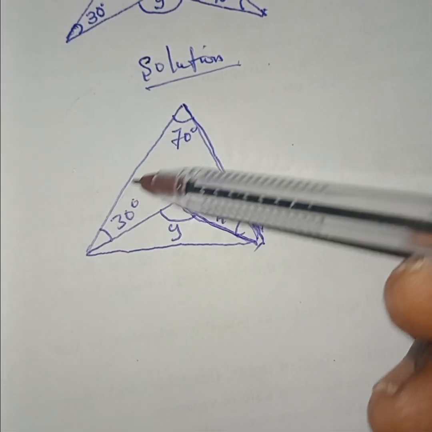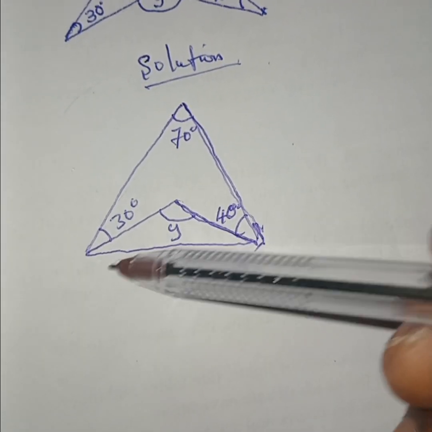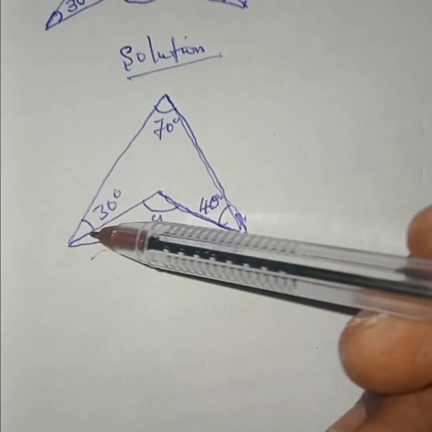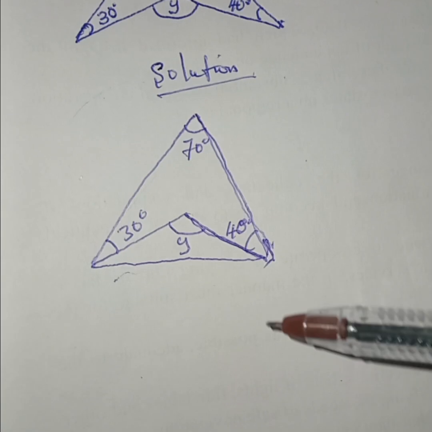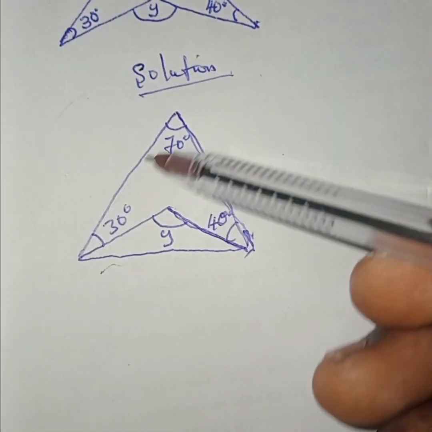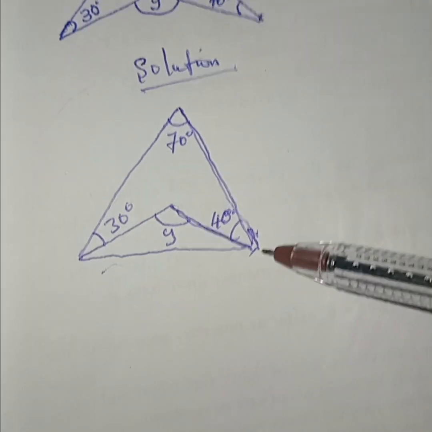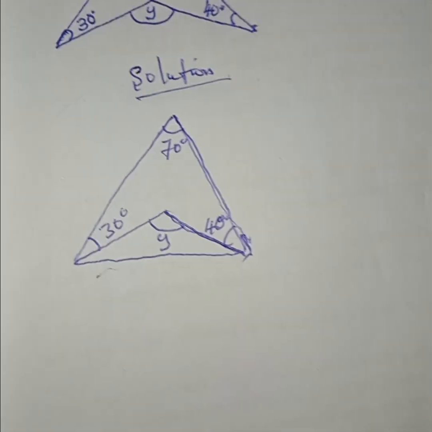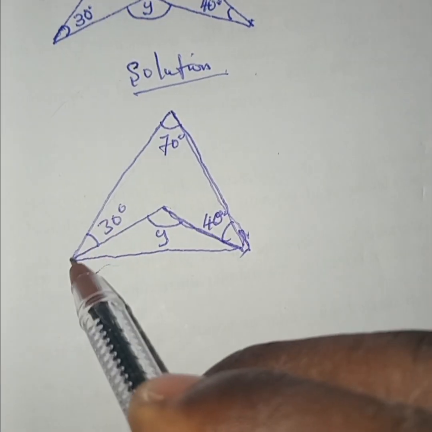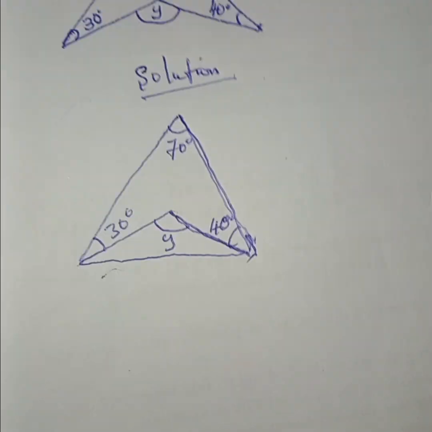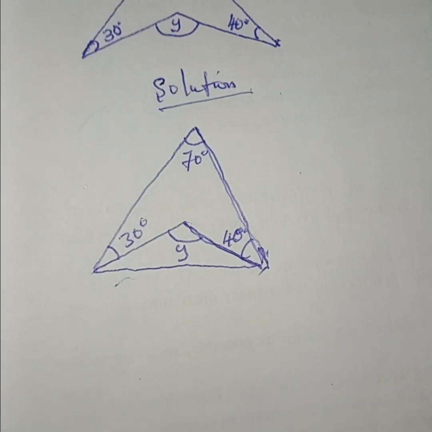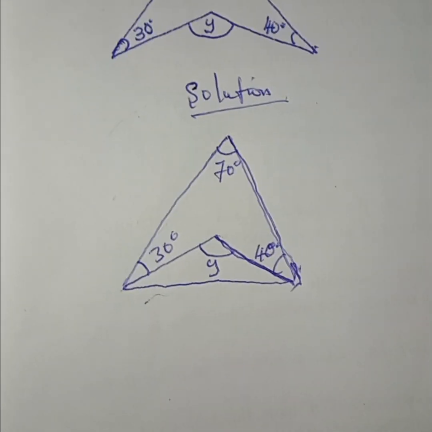This is the main triangle fully formed, and this is another triangle inside the main one. So the angles in this big triangle add up to 180 degrees, and it is also equivalent to the angles in the small triangle, since it's already stated that the angles in a triangle equal what?